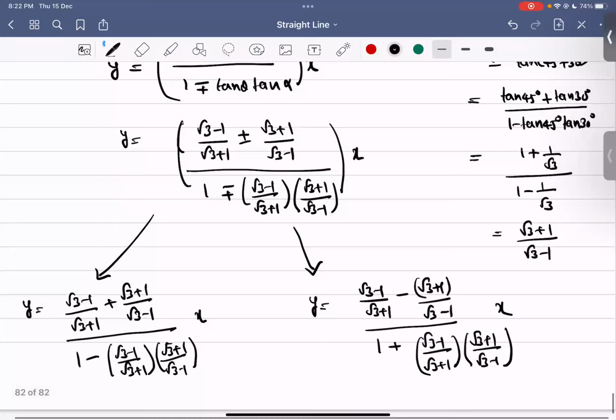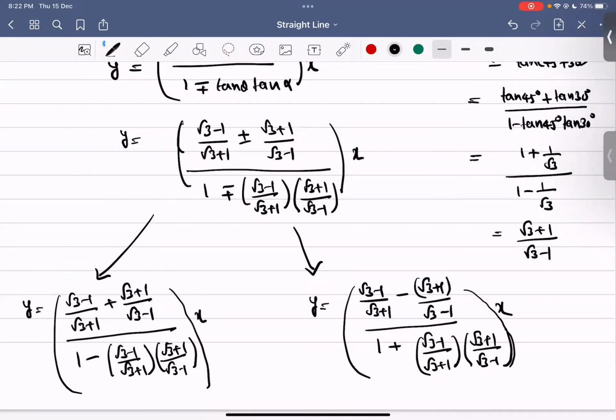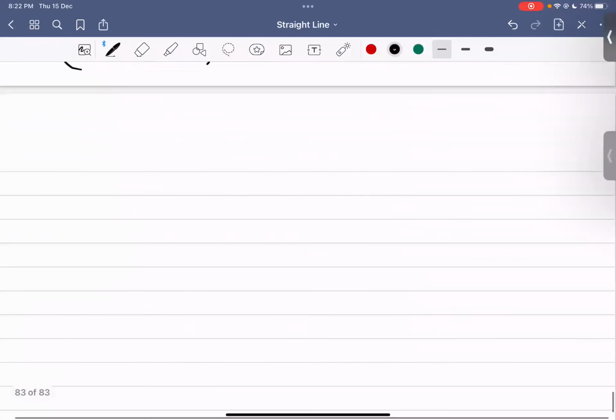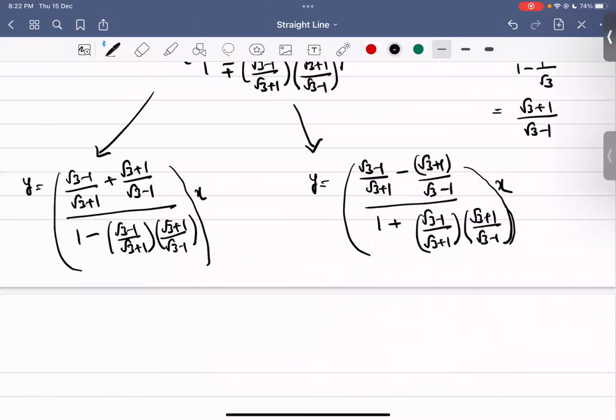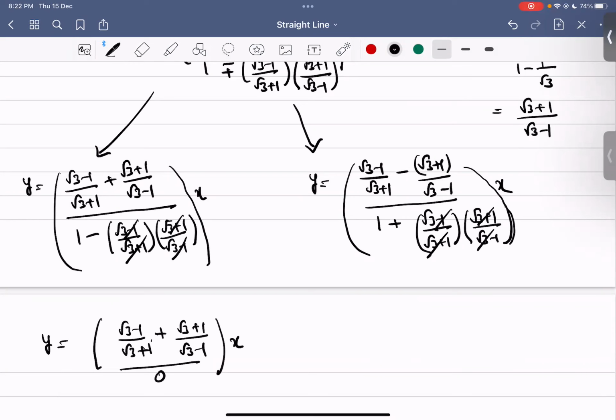Now if you observe the denominator, here the root 3 plus 1 and root 3 plus 1, root 3 minus 1 and root 3 minus 1 cancel. Here also they cancel. Therefore here what are you left with? The numerator you write as it is, you need not simplify, because the denominator is becoming 0, over 1 minus 1, that is 0, into x.